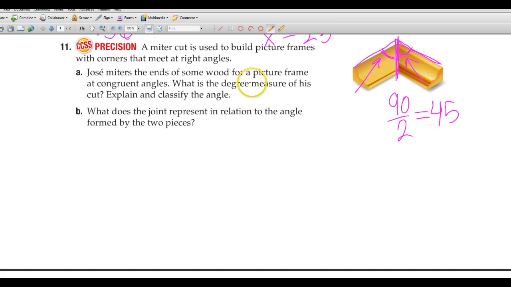In part B, what does the joint represent in relation to the angle formed by the two pieces? So I've got my 90-degree angle here, and then my miter cut here. So this ray, the cut, represents the angle bisector, because this ray is splitting this angle into two congruent angles, and that's what an angle bisector is.